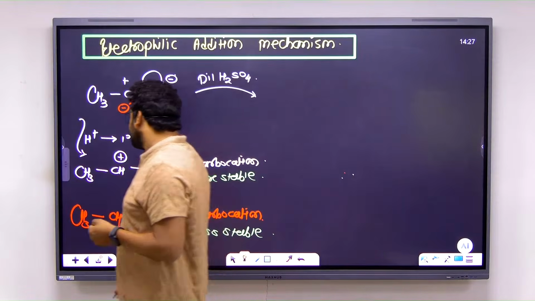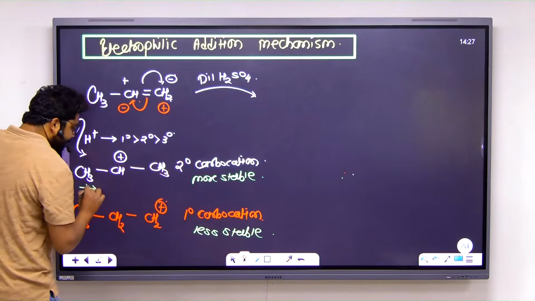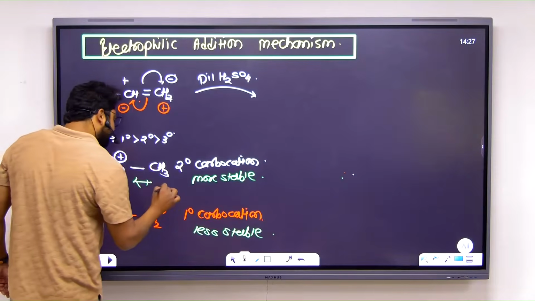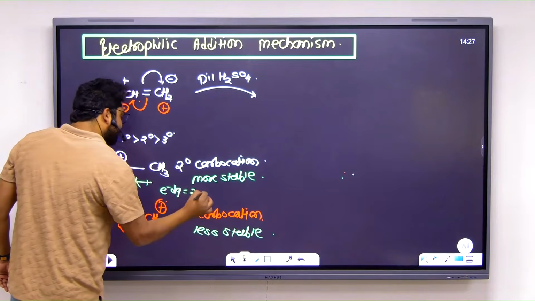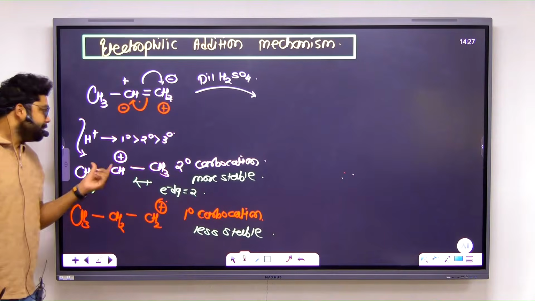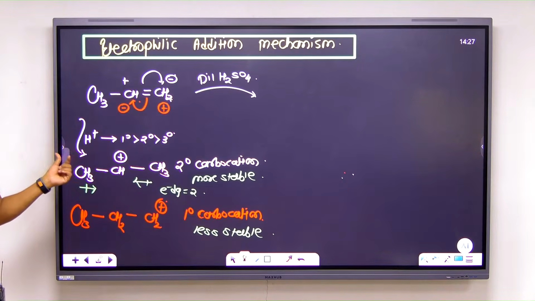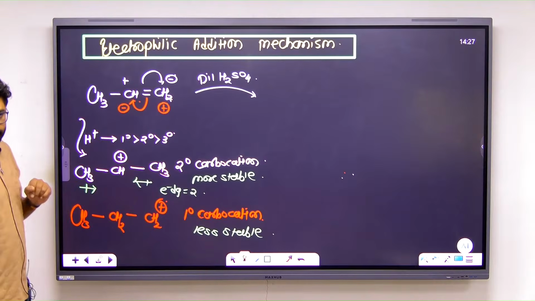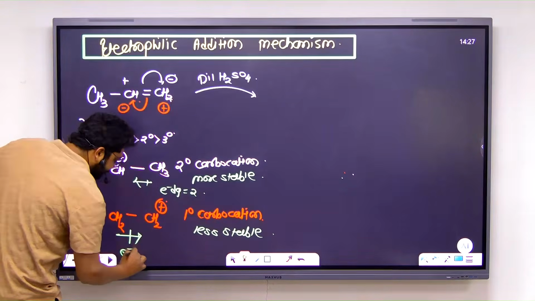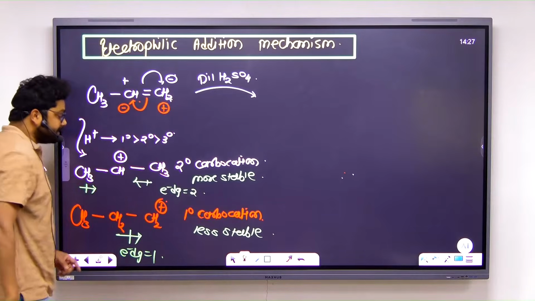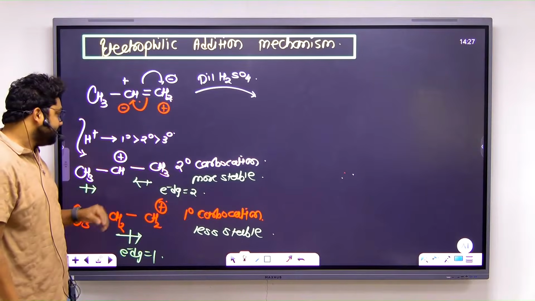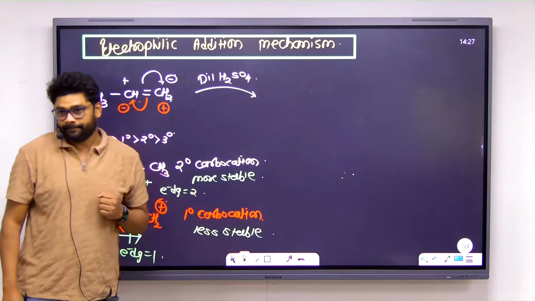The single bonded CH3 is something that donates the electron pair of a sigma bond, and that's why the number of electron donor groups is two. So the possibility of neutralizing this positive carbon is higher in the first case than in the second case. In the second case, there is only one electron donor group, and that's why the possibility of neutralizing this CH2 plus is less than your secondary carbocation.